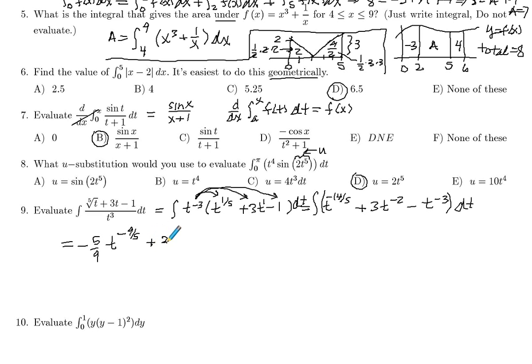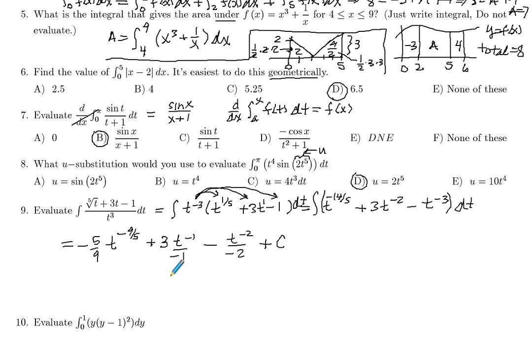Plus 3. Add 1 to this exponent, we get t to the negative 1, so t to the negative 1 divided by negative 1. And minus. Add 1 to this exponent, we get t to the negative 2, so t to the negative 2 divided by negative 2. And then plus a constant because this is an indefinite integral.